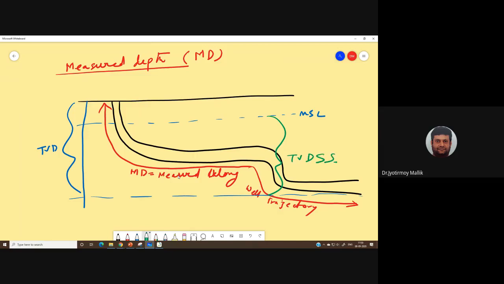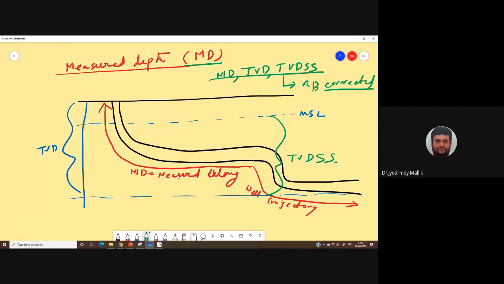While you do any calculations around your well, you have to be very careful about what depth connotation we are looking at, whether MD, TVD, or TVDSS, with the added complication of whether it is KB corrected or not.